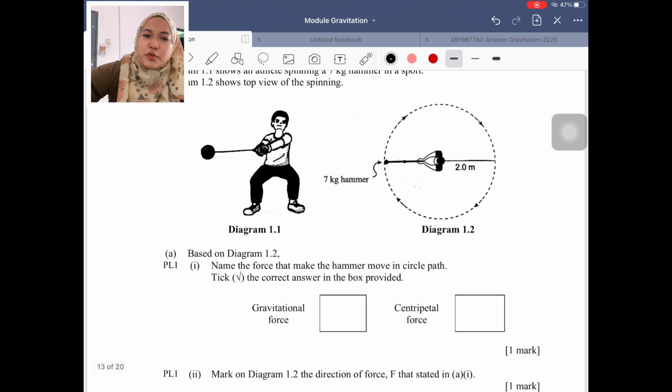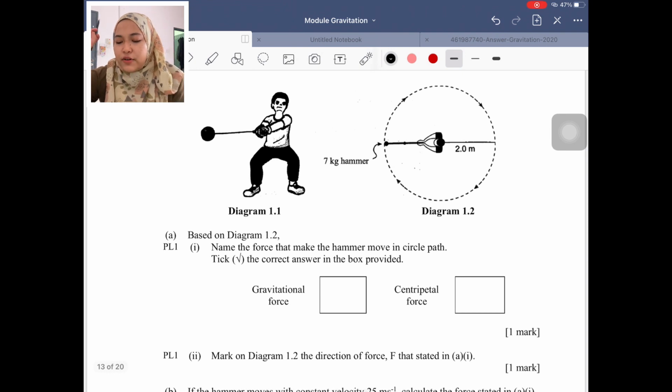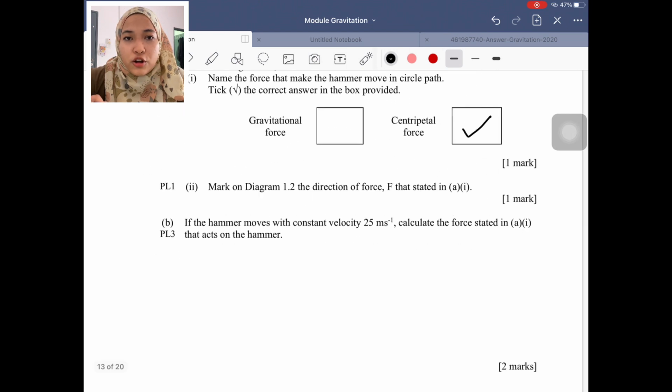Okay, so bila dia berpusing, based on the diagram 1.2, name the force that make the hammer move in the circle path. So bila circle path, of course it is a centripetal force.